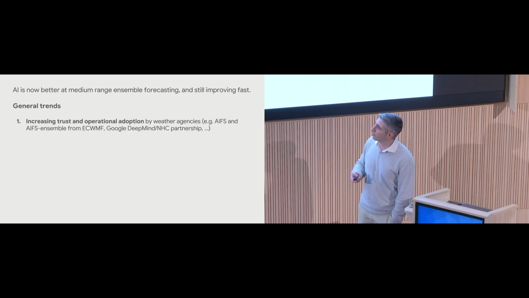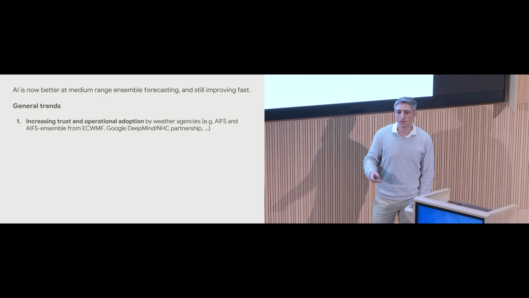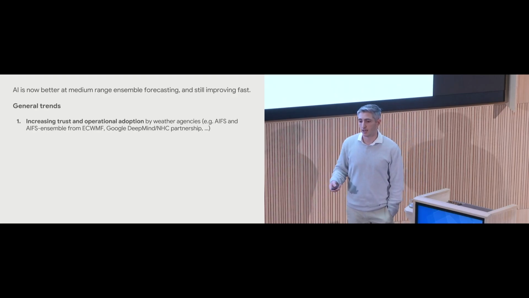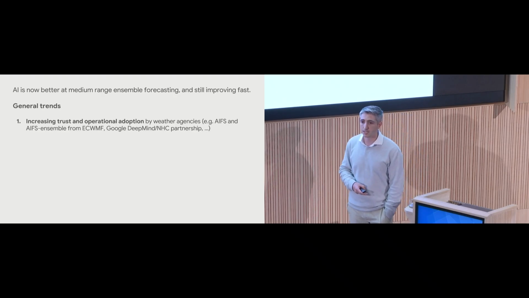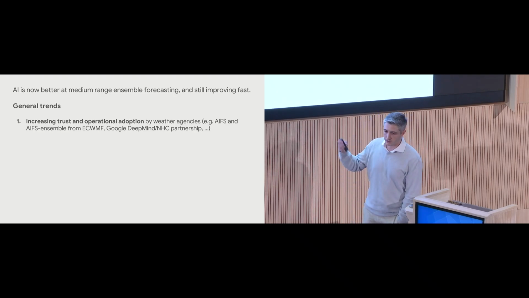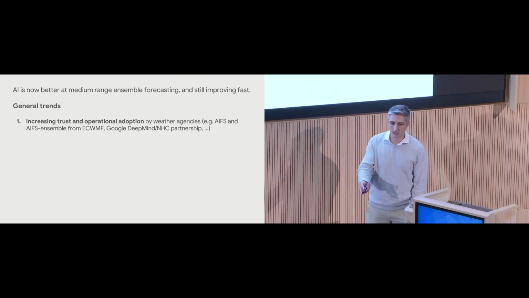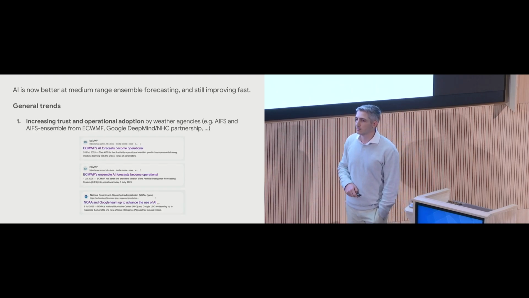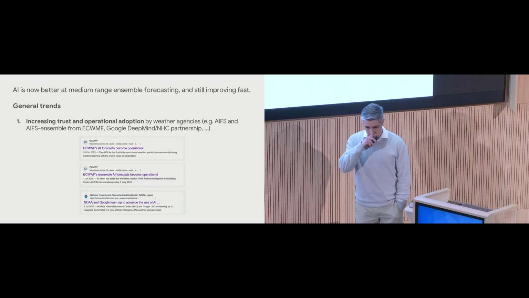I'd say a first important trend is that we're seeing increasing trust and operational adoption of these methods by weather agencies. A good example is the ECMWF, the European Centre for Medium-Range Weather Forecasts, which has been developing its own AI models. AIFS is the deterministic one, and AIFS CRPS, or AIFS Ensemble, is their ensemble product, and these are now running operationally in real time, supported by ECMWF.